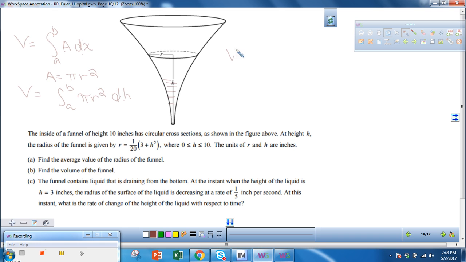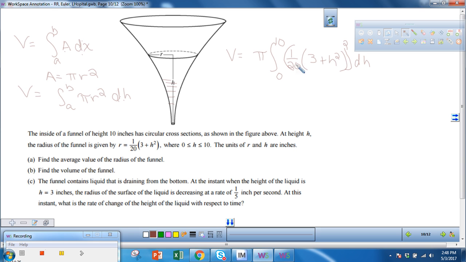So my formula becomes, I'm going to take out pi, and I'm integrating from 0 to 10, and r was given to us, so that's 1 over 20, 3 plus h squared, all of this squared, dh.